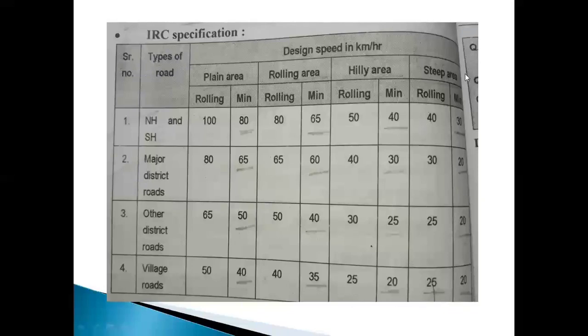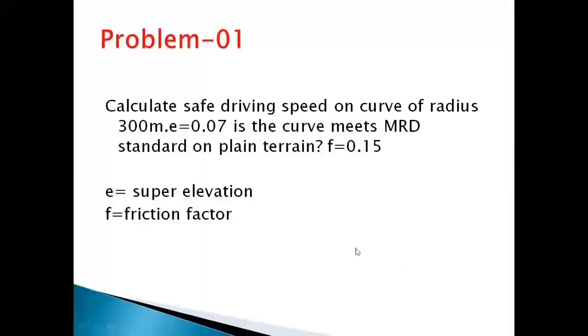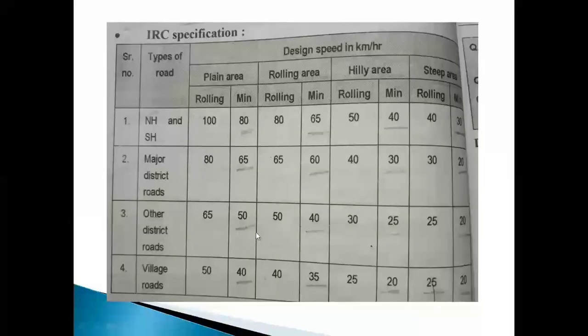Then for steep areas, the design speed for national and state highways is maximum 40, minimum 30. Major district roads maximum 30, minimum 20. Other district roads maximum 25, minimum 20. And village roads maximum 25, minimum 20. Hope you all get this.